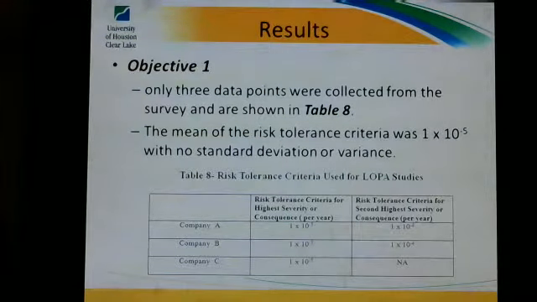If you're doing your LOPA calculation and the overall probability of failure on demand of the current protection devices is greater than the acceptable risk tolerance criteria, then you need additional risk reduction to get it below the risk tolerance criteria level.